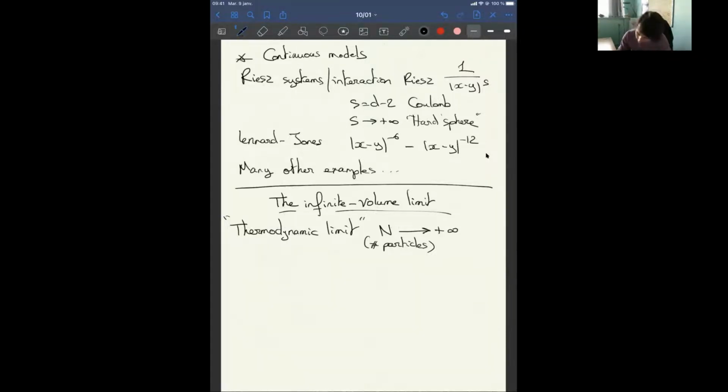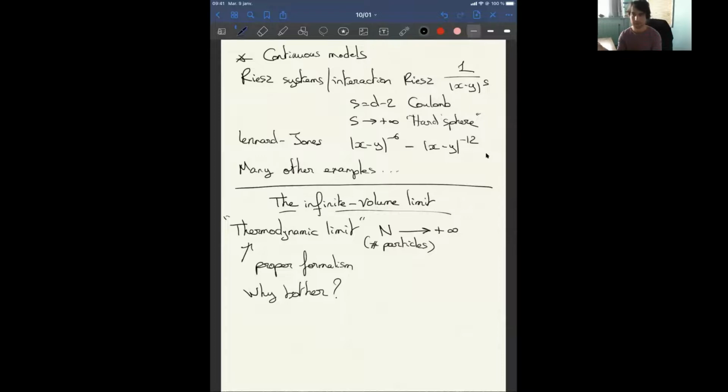So in order to give sense rigorously to the thermodynamic limit, we need a proper formalism. And then there are many technical problems and so on. And you could ask, okay, why bother? Why do we need to consider this limit anyway?